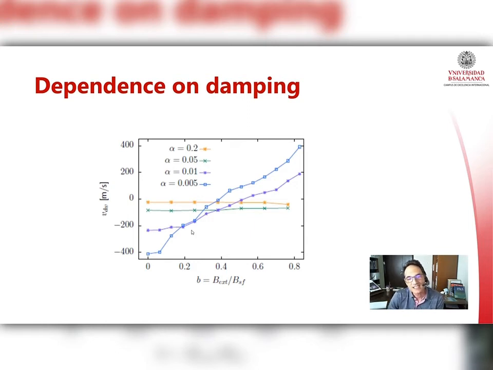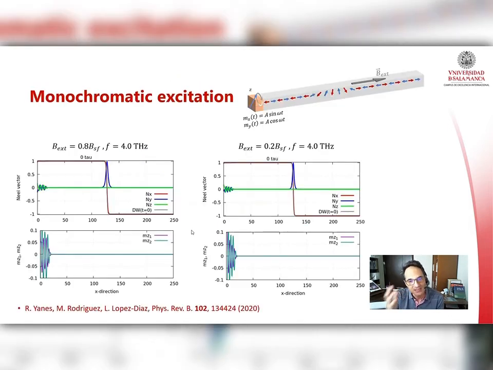So to investigate that more clearly, in this second part, we put aside the thermal gradient for a moment, and what we did was to excite monochromatic spin waves on the left of the sample. They propagate, interact with the domain wall, and we're going to see what is the result of that interaction, what happens.